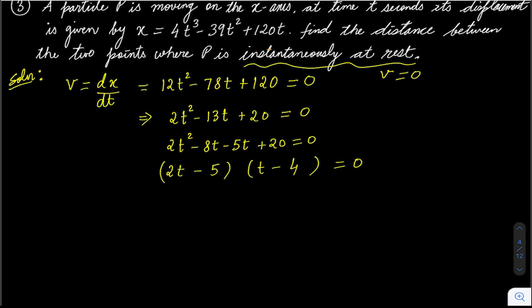Okay, so these are my factors. So my time values where velocity is 0 are 5 over 2 seconds and 4 seconds.